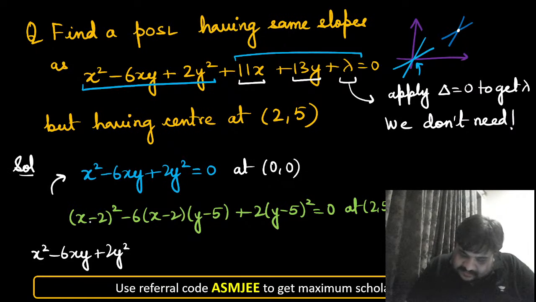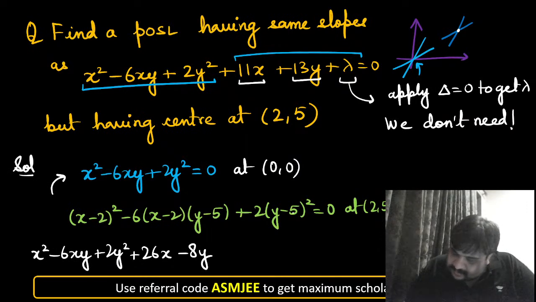Now how many? Minus 4 times x plus 30 times x, so plus 26x. Minus 20y plus 12y minus 8y.